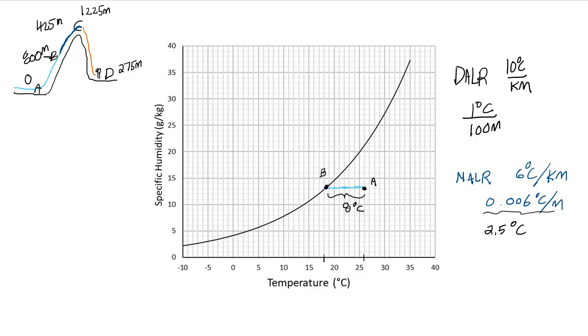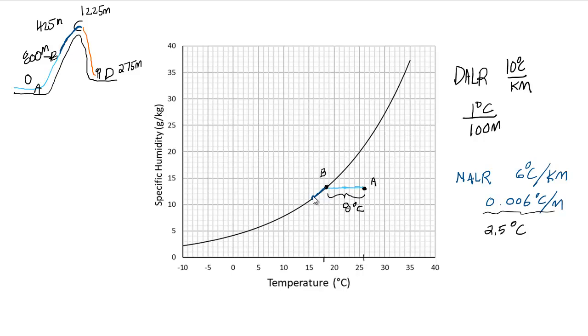So along that part of the journey, we're going to draw that with that dark blue line. Water is following this curve, and it's going to decrease by another 2.5 degrees. So it's going to go from 18 degrees down to 15.5 degrees, if I do this right. Did I do that right? Okay.